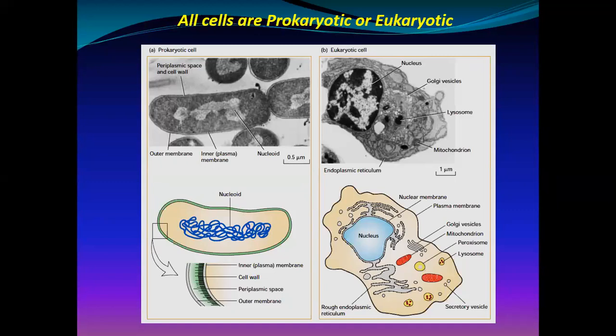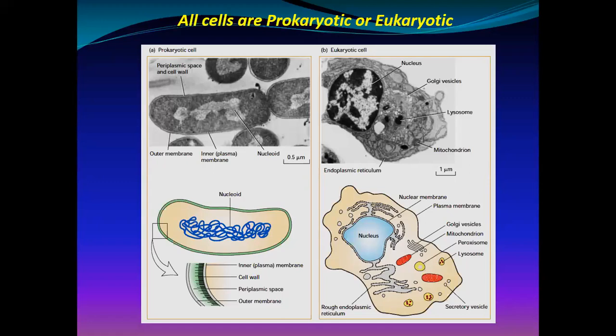Most of the organelles are lacking in the prokaryotic cell, right? And it has an inner plasma membrane, it may have a cell wall, it may have a periplasmic space, and it may have an outer membrane.